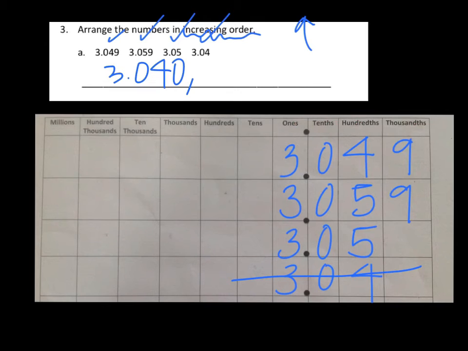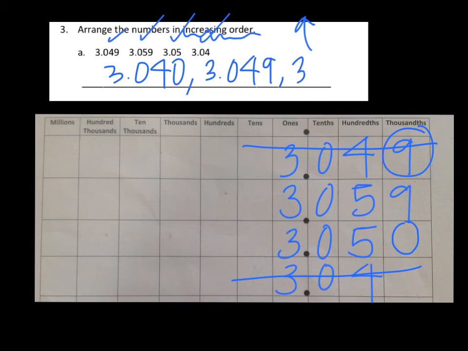And then my next highest number, so I'm going to cross this one out, is going to be 3.049. That's closer to 50. Then my next highest number, and I can put a 0 here, is going to be 3.050.